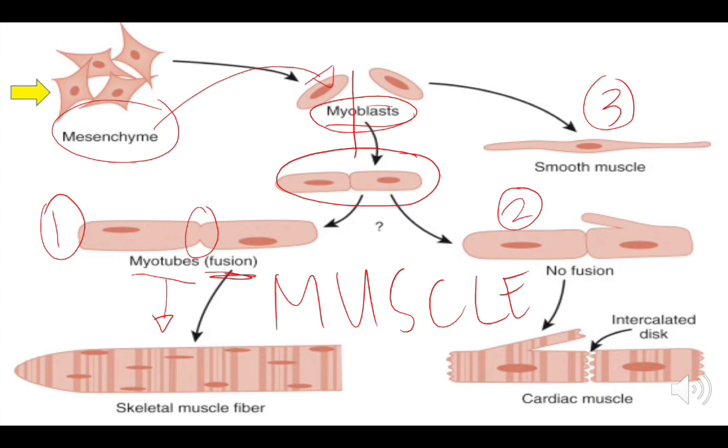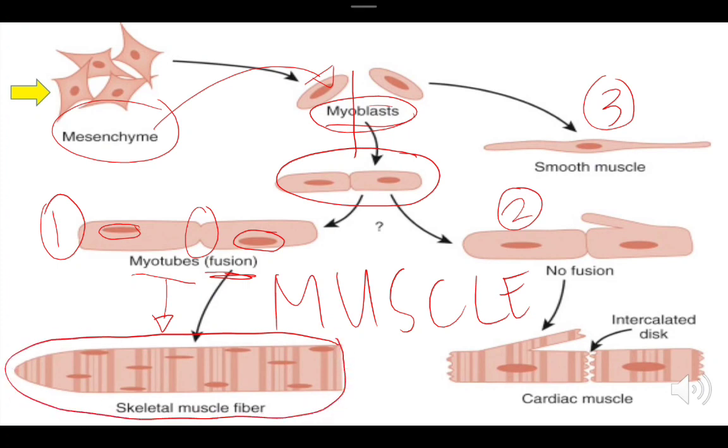Since napakaraming myoblasts ang mag-join together, and ang isang myoblast is meron siyang isang nucleus, imagine niyo kung marami sila magsasama-sama, maraming nucleus ang present. Ibig sabihin your skeletal muscle fiber now is a multi-nucleated type of cell or fiber. By the way, don't be confused, kapag sinabi natin skeletal muscle fiber, cardiac muscle fiber, ibig sabihin lang niyan is pertaining to a single skeletal muscle fiber as well as a single cardiac muscle fiber.